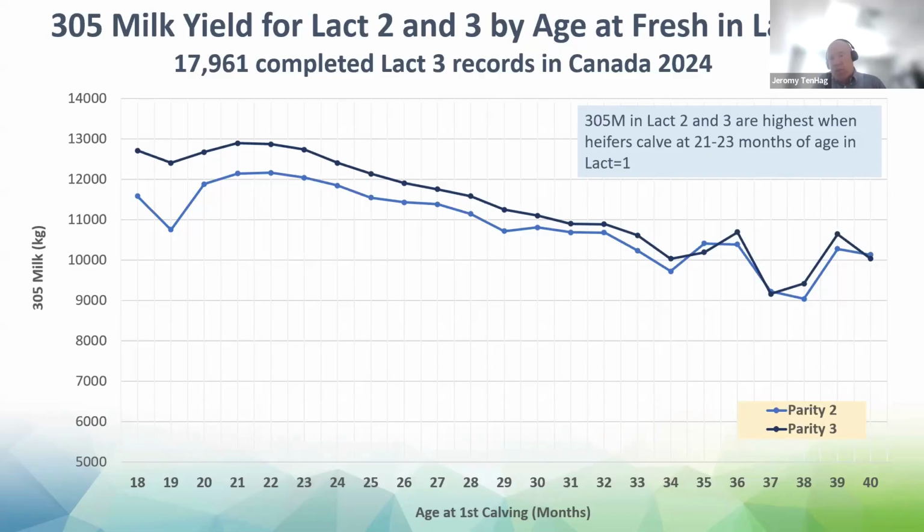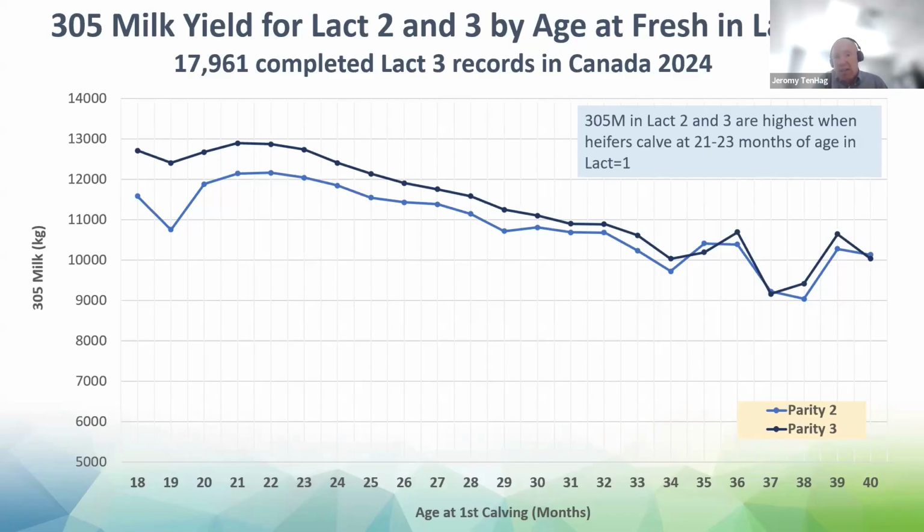So this isn't lactation 1 305 milk now, but it is lactation 1 age at calving. We looked at lactation 3 records that were completed in Canada, and there were almost 18,000 records like that. So then we could look backwards to see what was age at first calving, what was second lactation 305 milk and third lactation 305 milk.